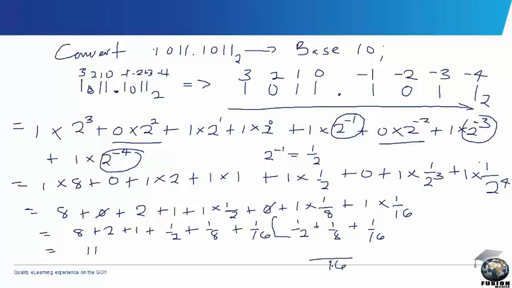Okay, and then 16 divided by 2 is 8, and 16 divided by 8 is 2, and 16 divided by 16 is 1. 1 times 1 is 1. So summing them all together, I have 8 plus 2 plus 1 to give me 11 over 16. Alright, so I have 11 plus 11 over 16, and then the next slide follows.